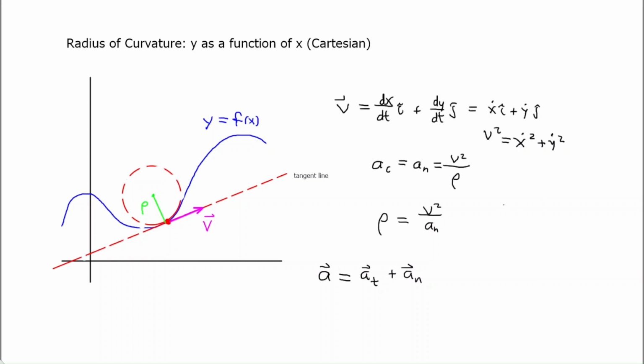So in my picture, let's try and draw what these would be. If the object were speeding up along the curve, the tangential acceleration points in the same direction as the velocity vector. But if it were slowing down along the curve, it would point opposite. Either way, it's tangent to the curve, that blue tangent line.